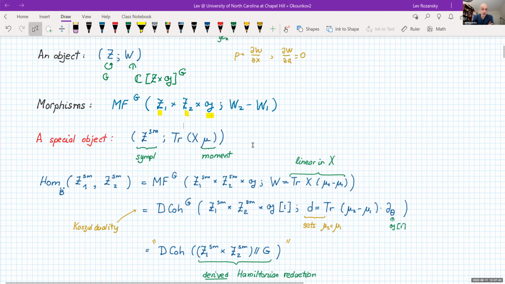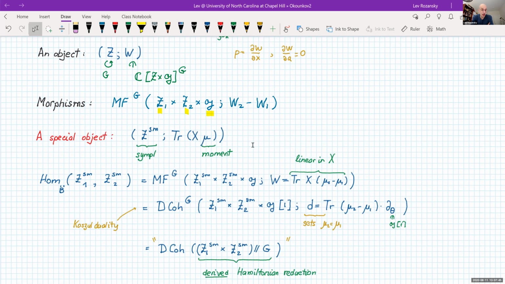Now, in this category, there are some special objects. A special object has Z as a symplectic variety. So again, generally Z doesn't have to be symplectic to determine an object. But let's assume that Z is symplectic.